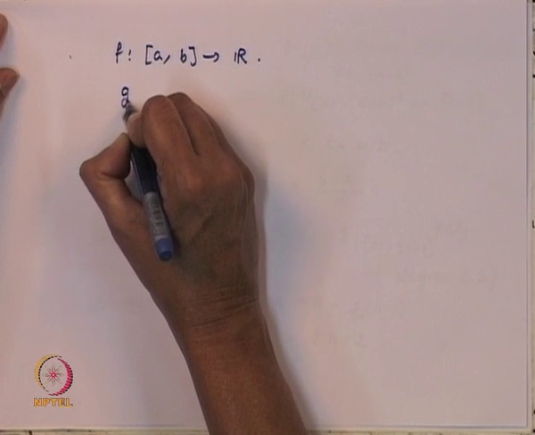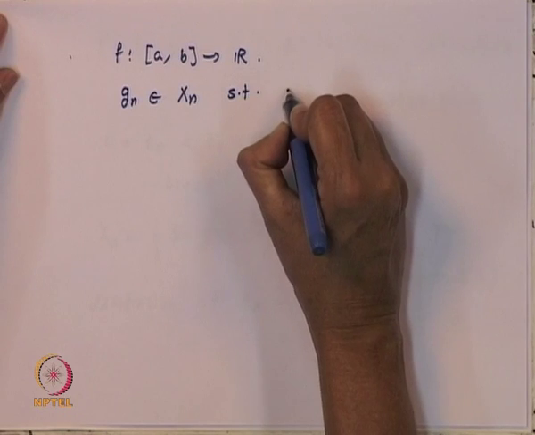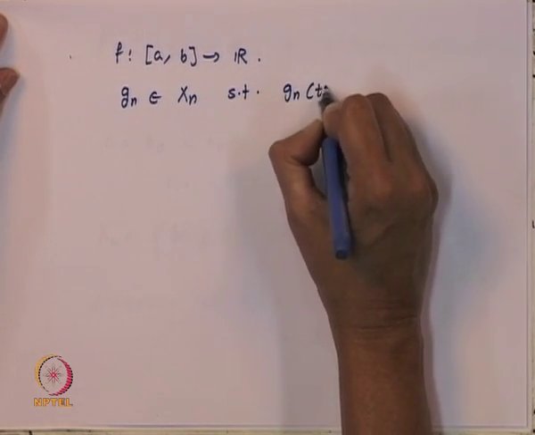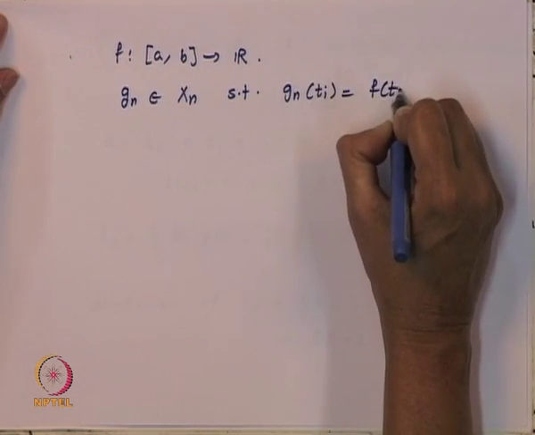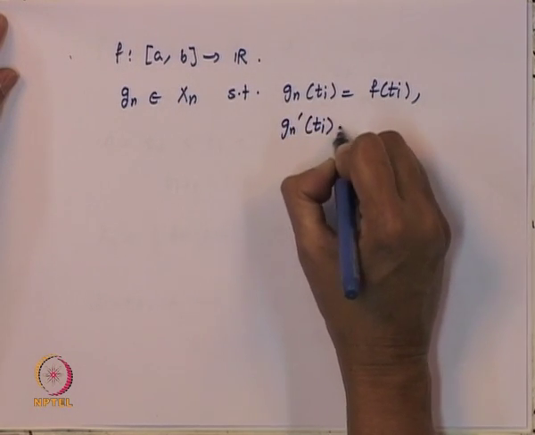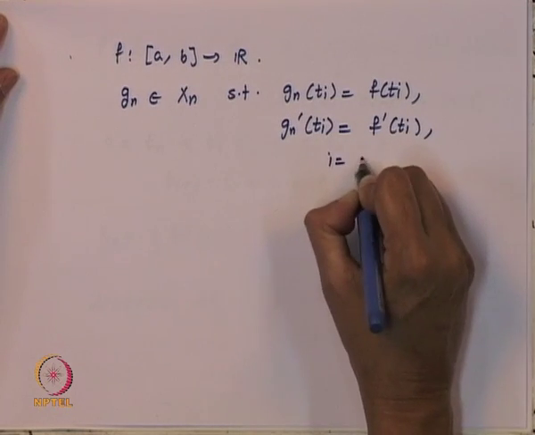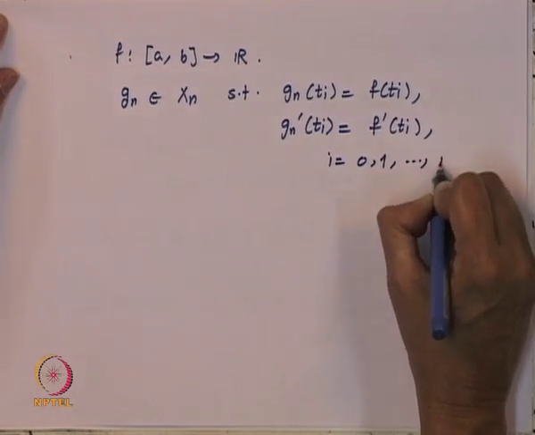and g_n should belong to X_n such that g_n(t_i) = f(t_i) and g_n'(t_i) = f'(t_i), for i going from 0 up to n.